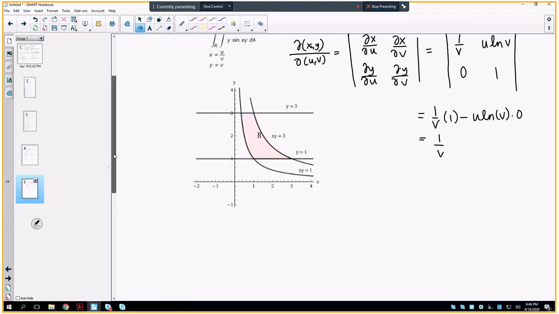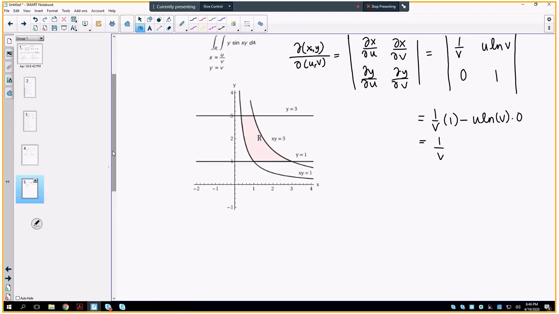So if I want to set up my integral, I can replace y by v, and then I have sine of x times y. Since x is u over v and y is v, this is u over v times v, so it's u.